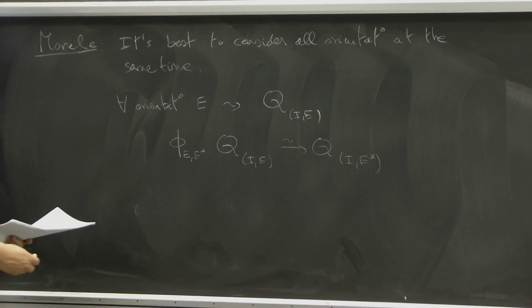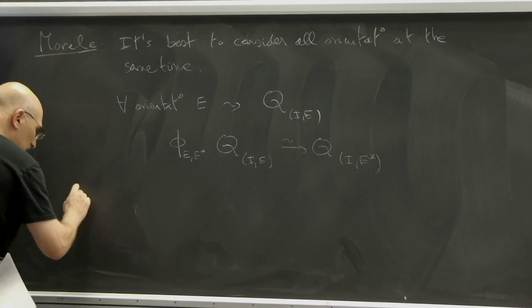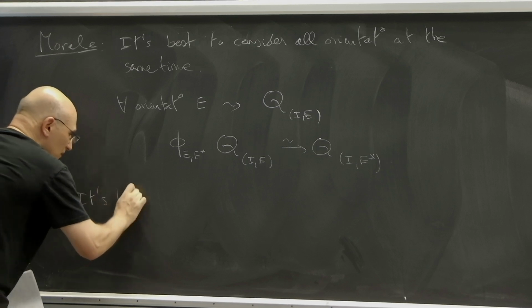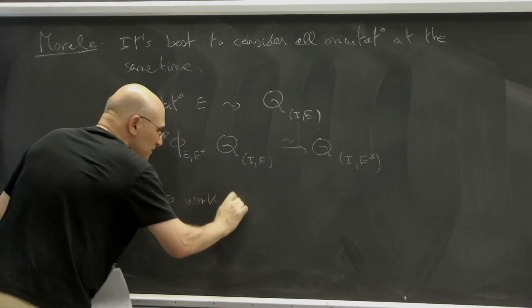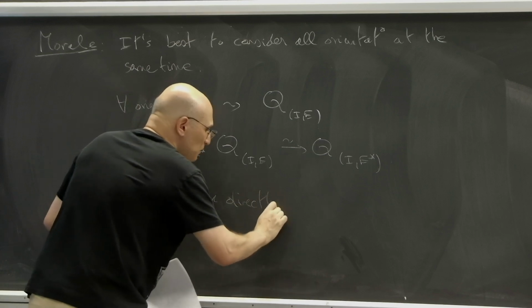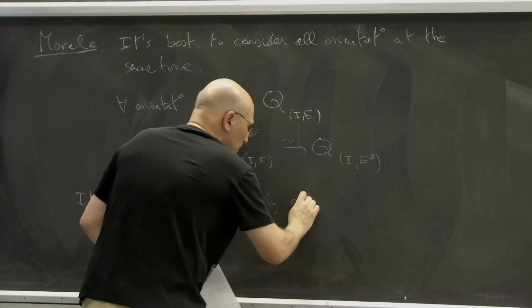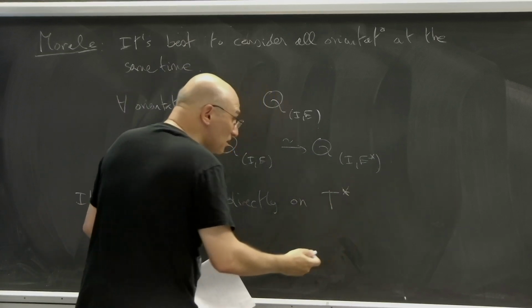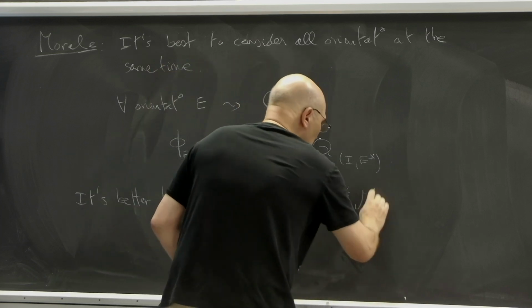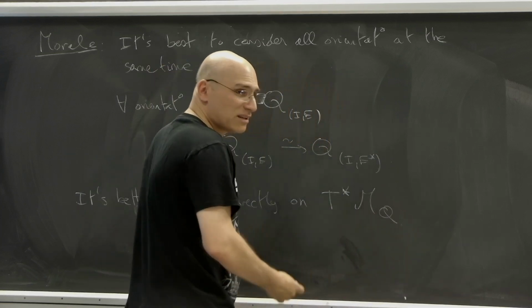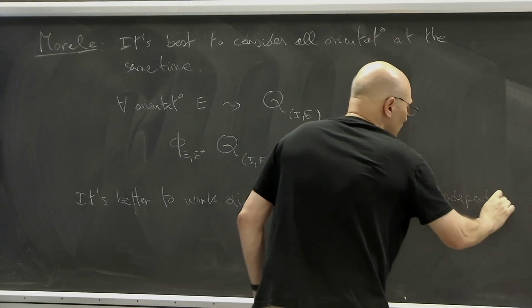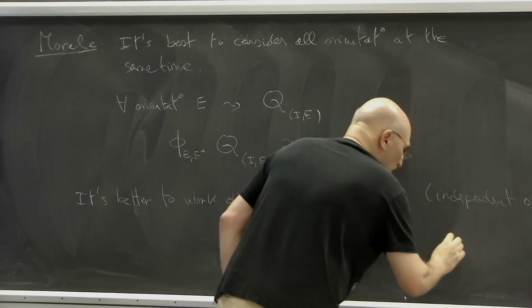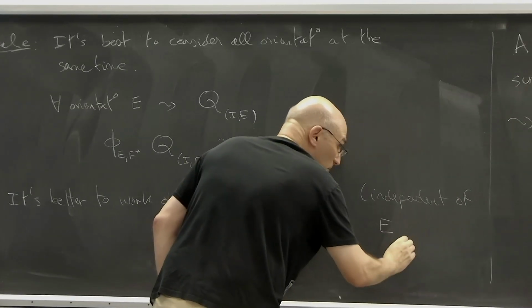But okay, in fact, it's better to work directly on the cotangent bundle to MQ. Okay, this one is independent of E directly.